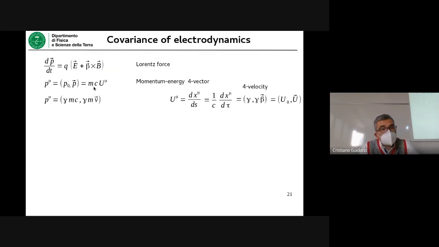Let's make it more explicit. The linear momentum in relativity of a particle, you know very well, is not just mv, the Newtonian momentum, but the Newtonian momentum times the Lorentz factor, as well as the total energy of a particle with Lorentz factor gamma, which is gamma mc squared.